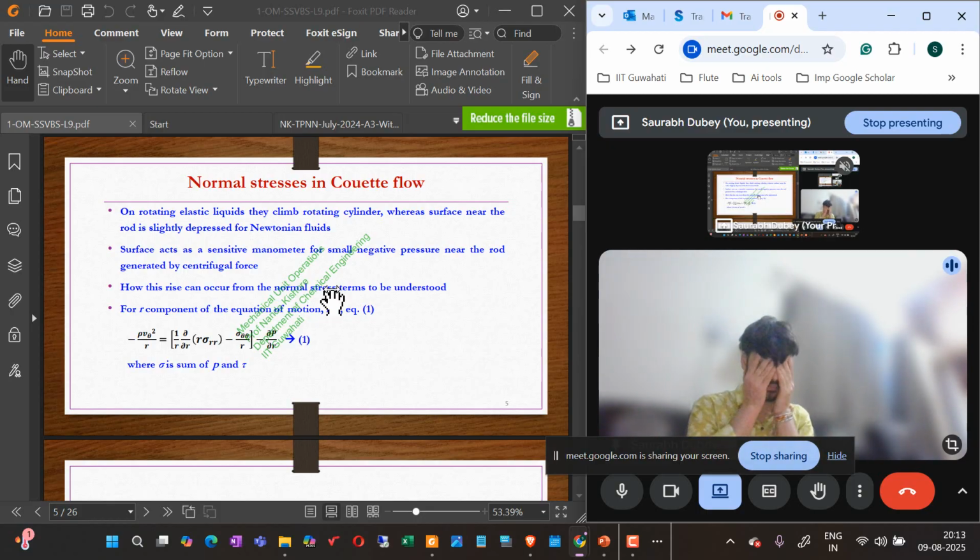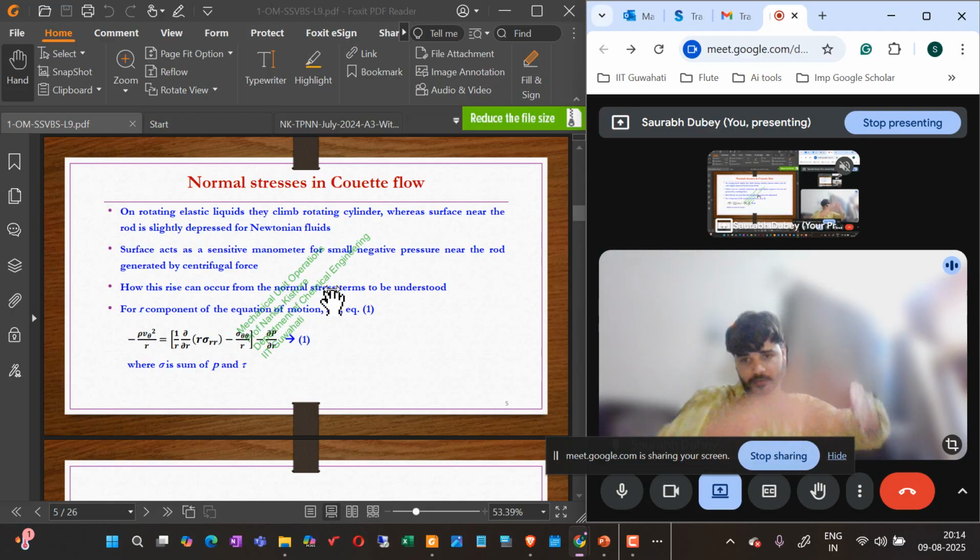This is the important outcome of this concept: the surface acts as a sensitive manometer for small negative pressure near the rod generated by the centrifugal force that you have because of the rotation. You are rotating it like this, and during the rotation the fluid is climbing up, right?